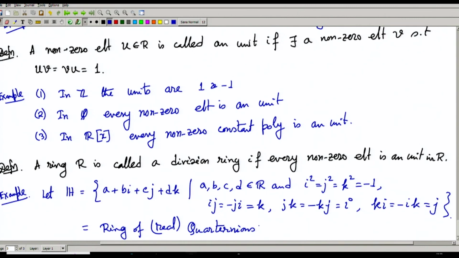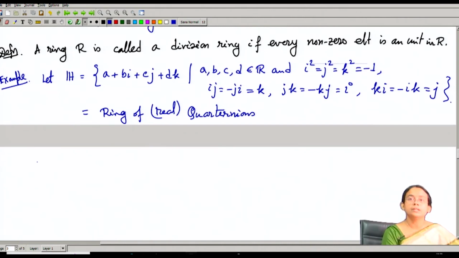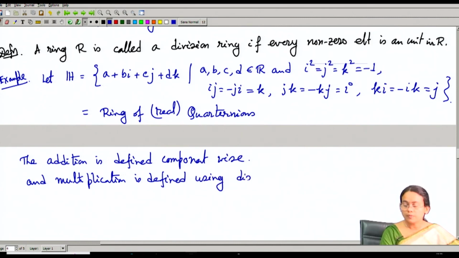So, how is this defined? The addition is defined component wise and multiplication is defined using the distributive law.